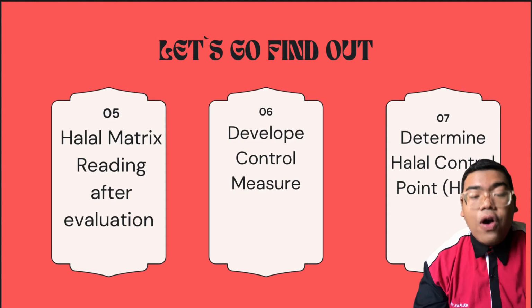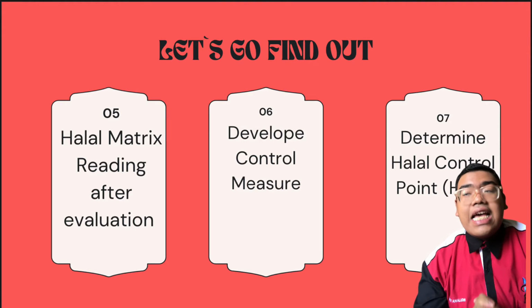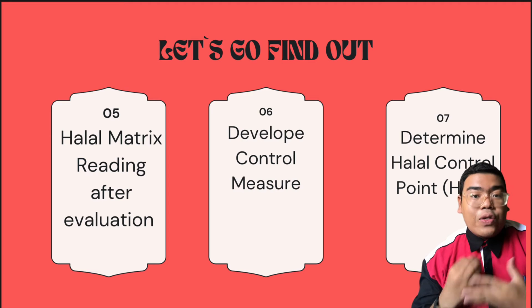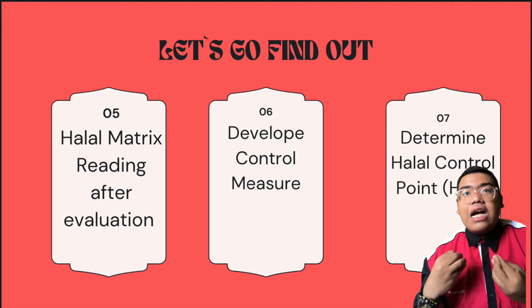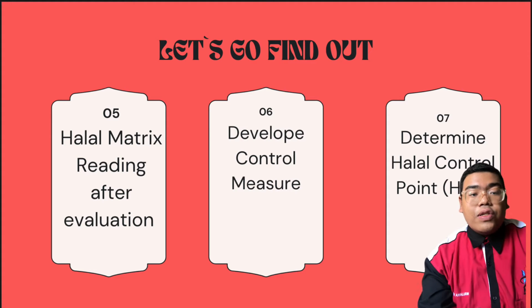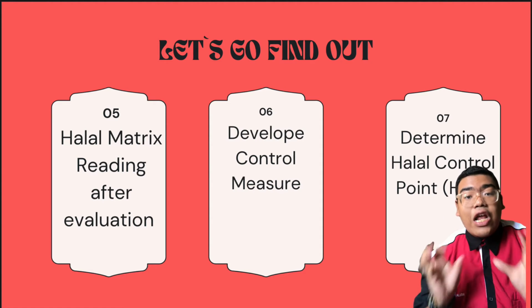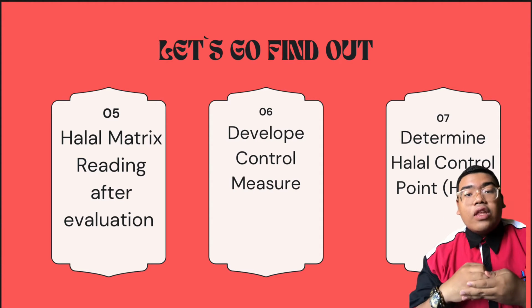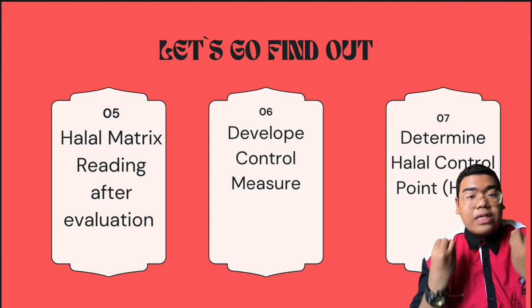Like I said before, if the risk ranking is 7, 8, or 9, it is considered a halal control point after we evaluate the halal trait in the process flow. So that's all the steps to identify the halal control point in our company for each process flow.